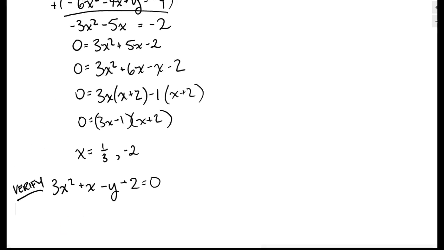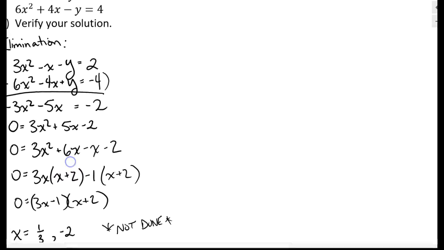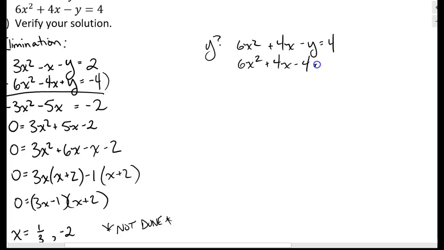But before I can verify, I'm not actually done. So I'm going to use my other equation to solve for y. So 6x squared plus 4x minus y equals 4. I'm going to rearrange that now before I start plugging in. 6x squared plus 4x minus 4 equals y.